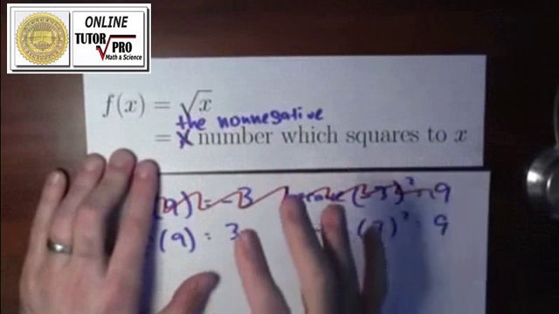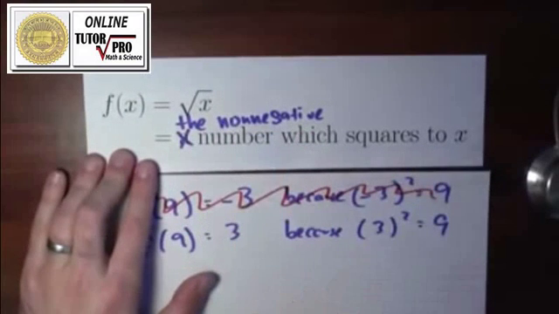There's one particular place where this plays out that's extraordinarily important. So let's take a look at that now. We've got our definition. The square root of x is the non-negative number which squares to x. Now, there's one popular misconception that comes up because of this definition.